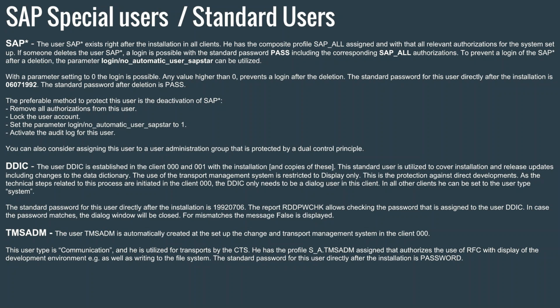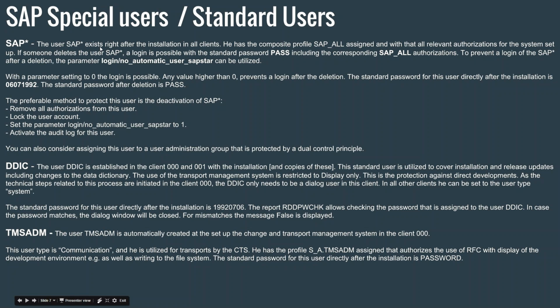DDIC cannot change the transport management system, so the use of transport management system is restricted to display only. The standard password for this user directly after the installation is 19920706. So this is a reference for you. The report RDDPWCHK allows checking the password that is assigned to the user DDIC.